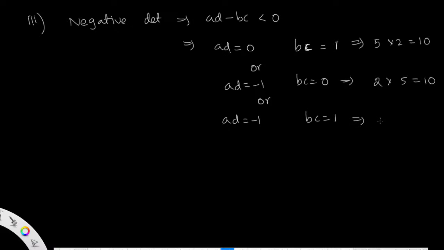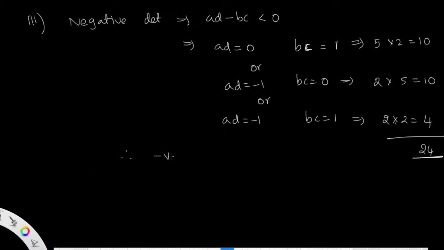And then AD equal to minus 1, BC equal to 1 means AD equal to minus 1 has 2 ways, either A equal to 1, D equal to minus 1, or A equal to minus 1, D equal to 1. That is why you can write 2. And BC equal to 1, similarly 2 ways. So total number of cases is 24 cases, 24 ways.